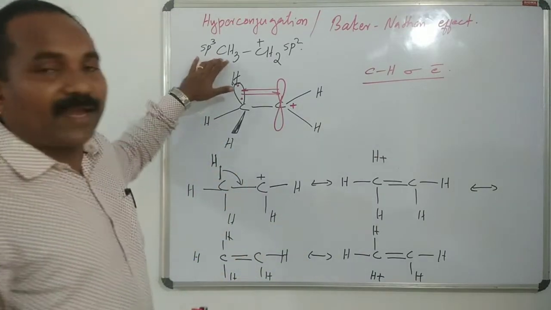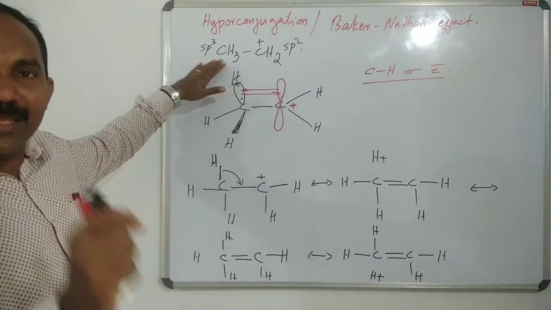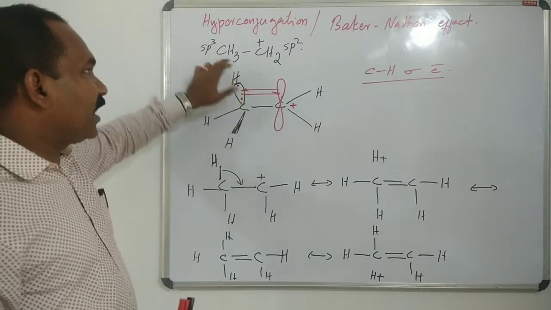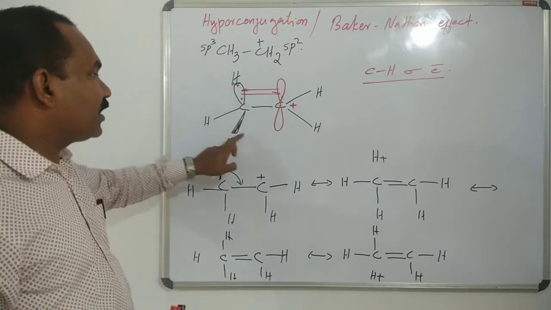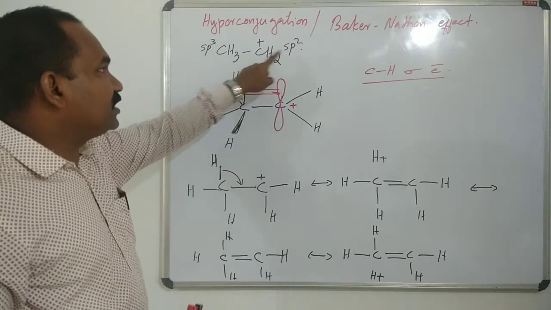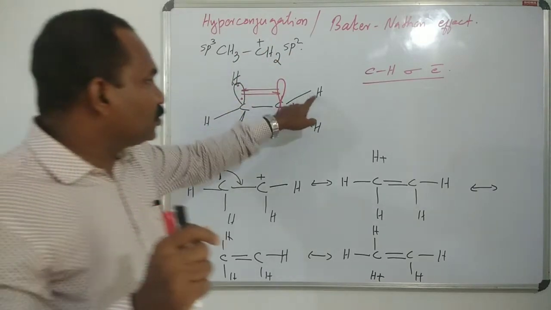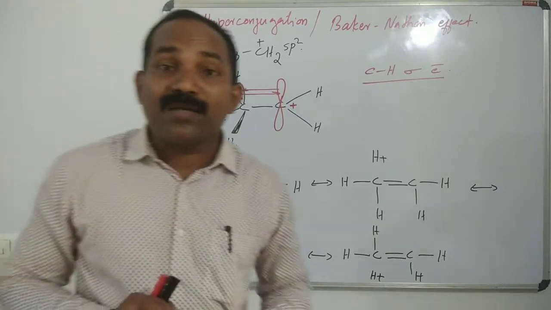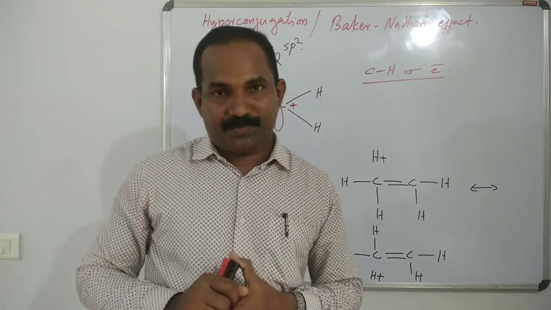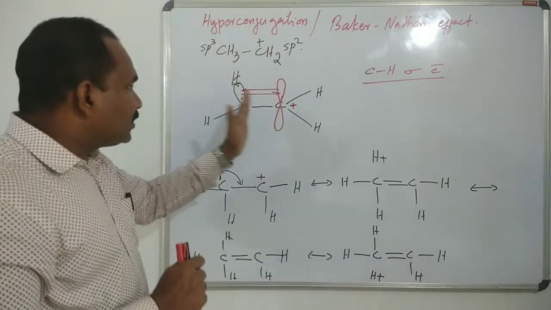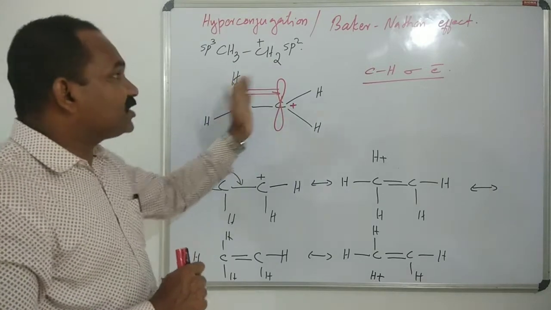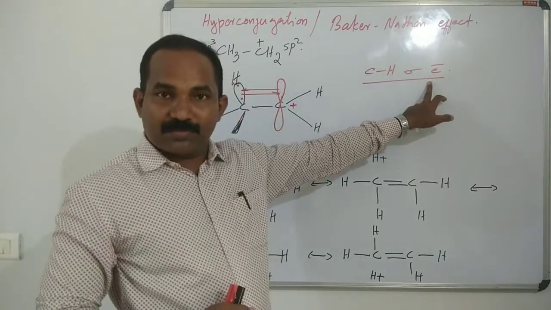Once again I explain. This is ethyl carbocation, or simply ethyl cation. Ethyl cation contains one carbon with 3 hydrogens, and the other carbon which is sp2 hybridized, containing 2 hydrogens and 1 unhybridized orbital, and a CH sigma electron.